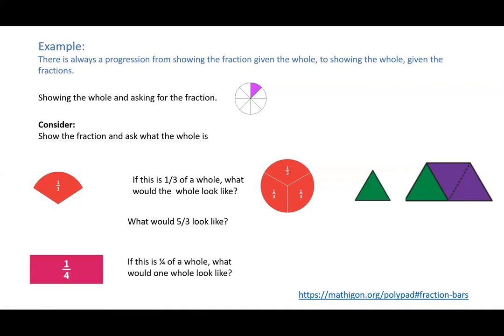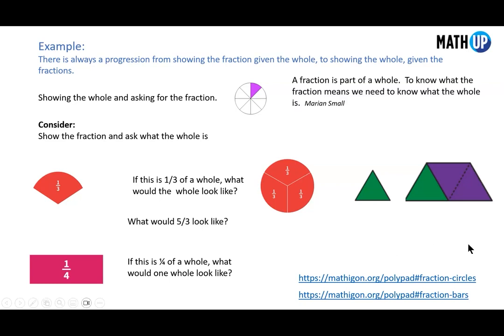And then again, this one, if this is 1/4 of a whole, what would 1 whole look like? And then they would put 4 of these side by side, either vertically or horizontally. But that's just a different perspective, but it helps to build understanding.